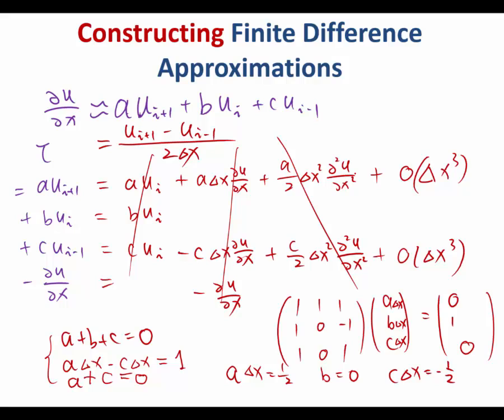Another way is to use the boundary condition. If I have a boundary condition, let's say the Dirichlet boundary condition or Neumann boundary condition, I'm going to talk about that later. The boundary condition may involve some derivatives.